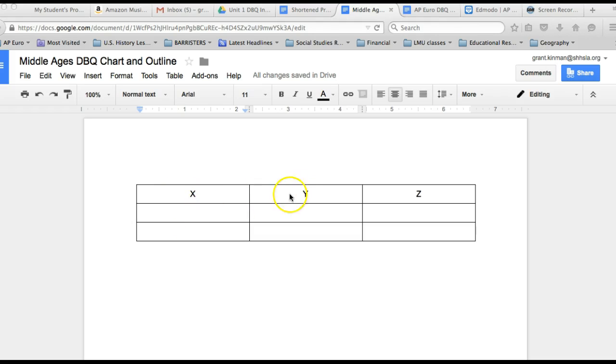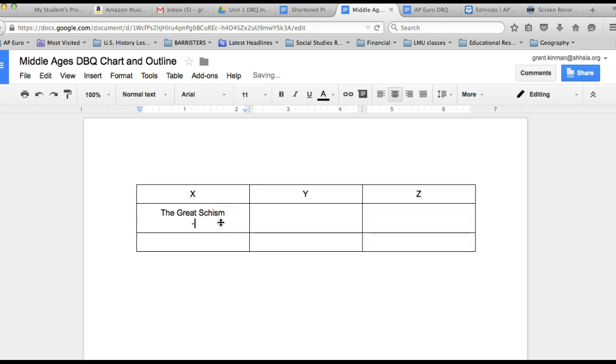I'm going to keep our three separate ideas, X, Y, and Z, and I'm going to try to place the documents here and then also outline how I'm going to relate it to the three subjects: political, religious, and economic. So let's say X is related to the big idea, Great Schism, and what document goes with that.